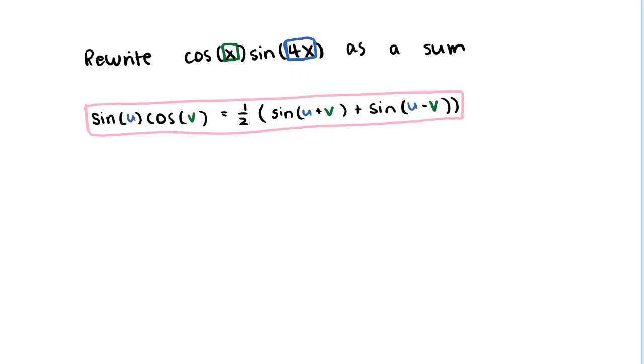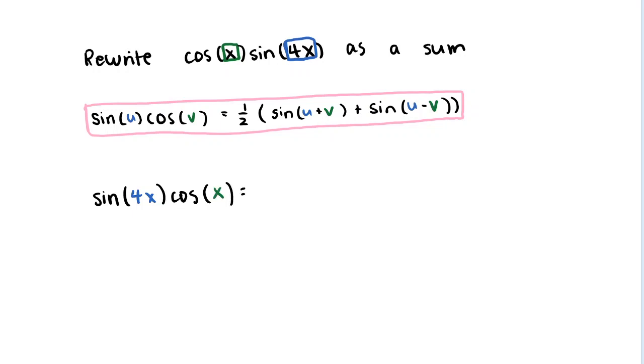And so maybe to make this expression better align with our identity, let me just rearrange it a little bit, right? The order in which we multiply two quantities doesn't matter. And so let me rewrite it so that this expression has sine in front, so it matches our identity better. I'm going to write this as sine of 4x times cosine of x.